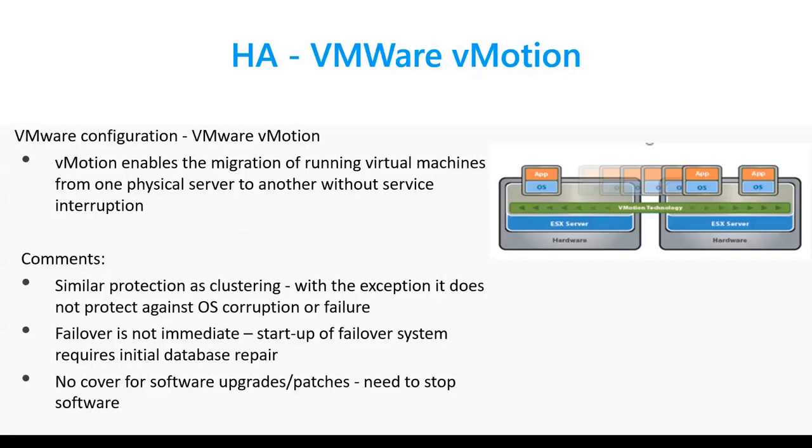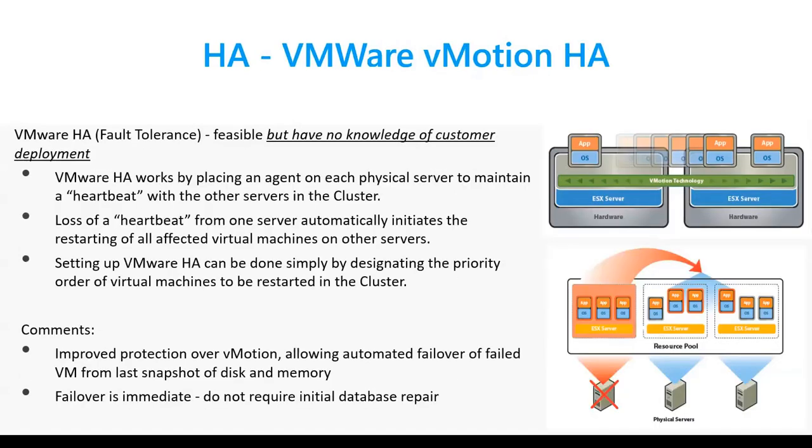Now, taking a step further, there is a fault-tolerant version of VMware vMotion called vMotion HA. This is feasible. I believe a couple of years ago we may have tried this at a customer site, although then they didn't go ahead and implement it. So we don't have a customer utilizing this, but that test was successful.